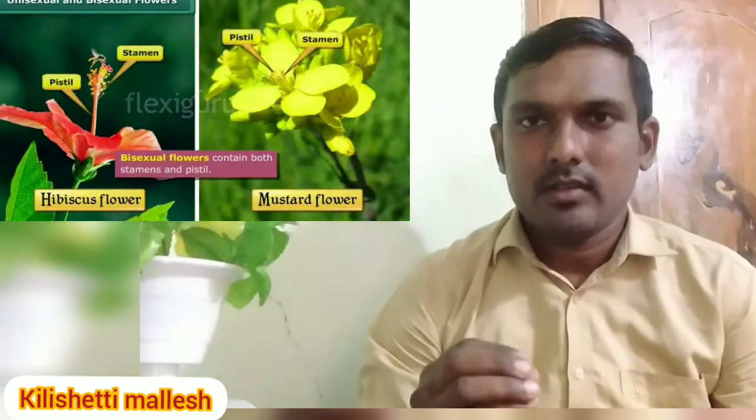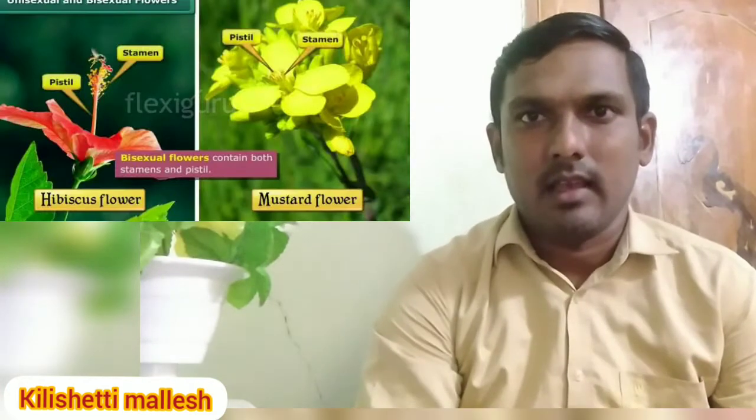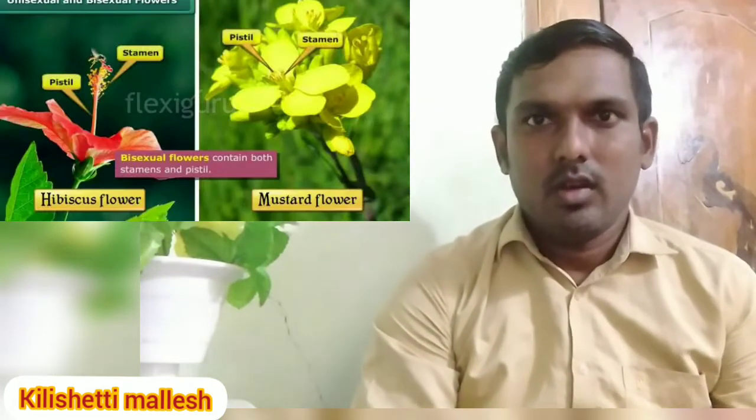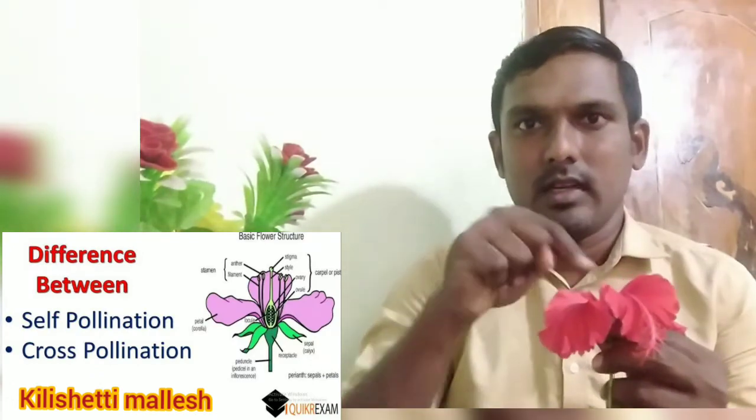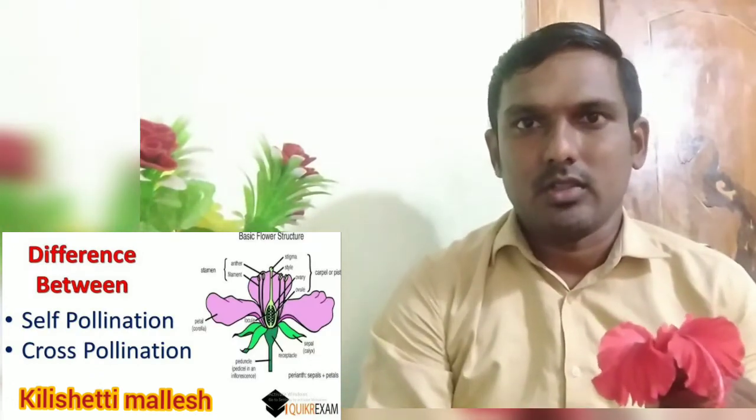Now let us discuss self pollination and cross pollination. Self pollination means the pollen grains of one flower reach the same flower. Suppose one flower is there, and its pollen grains reach that same flower; that is called self pollination.